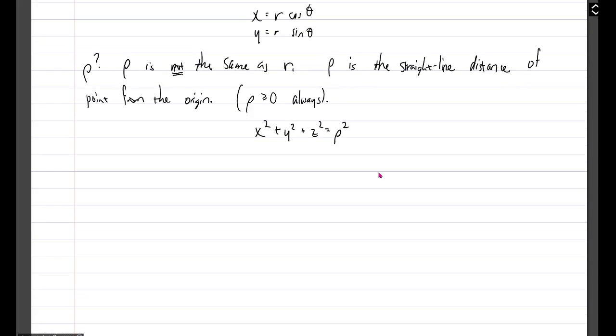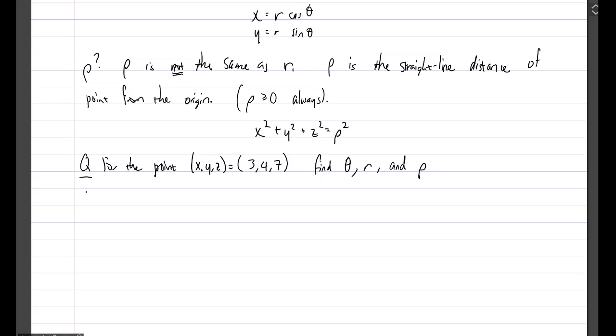Let's practice by doing the following. For the point x, y, z equals 3, 4, 7, I'd like to find theta from cylindrical or polar coordinates, find r from cylindrical or polar coordinates, and since rho is new, let's also find rho.